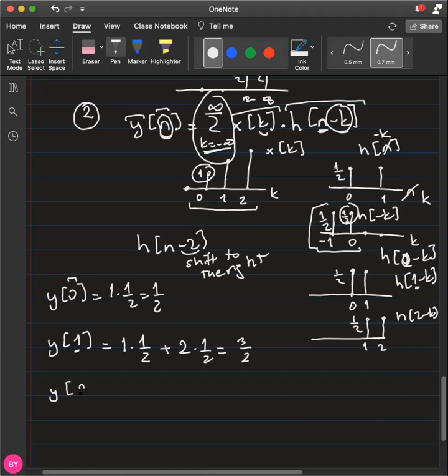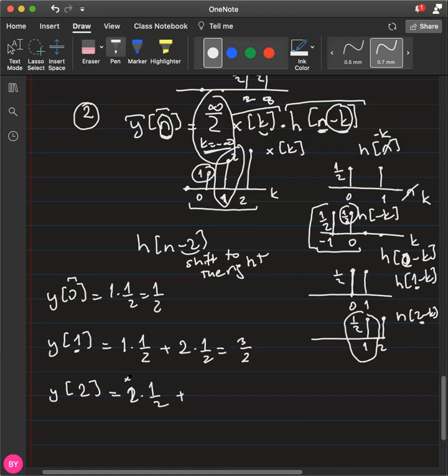How about y of 2? Then I will multiply this one, okay? h of 2 minus k, 1 over 2 times 2, okay? You see 1 and 1. 1 over 2 times 2, like 2 times 1 over 2.